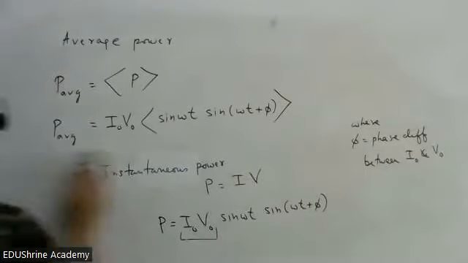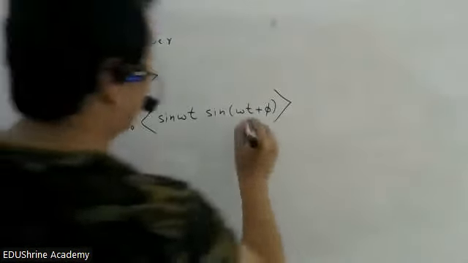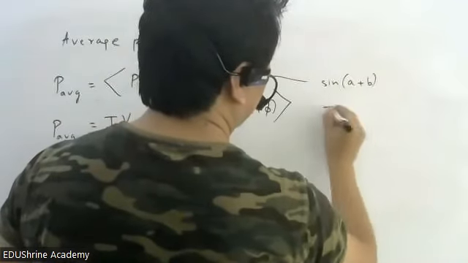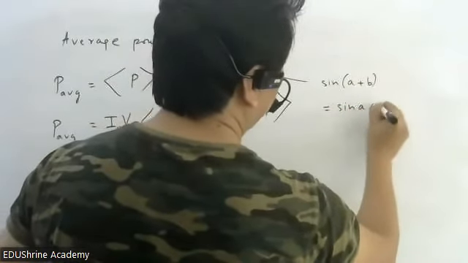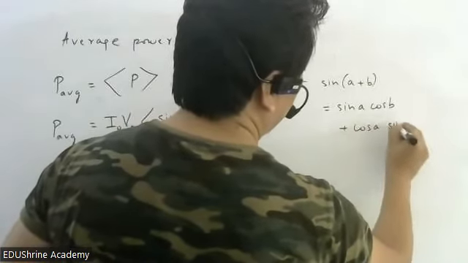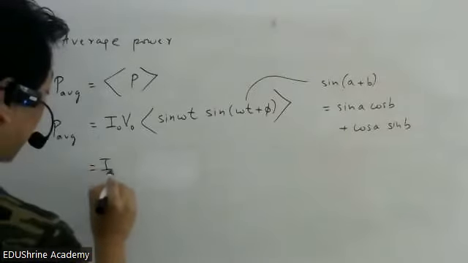Now here we will use the formula of sine A plus B. Somebody tell me the formula of sine A plus B. Sine A cos B plus cos A sine B. So that formula you apply here. Then we'll finish the class.